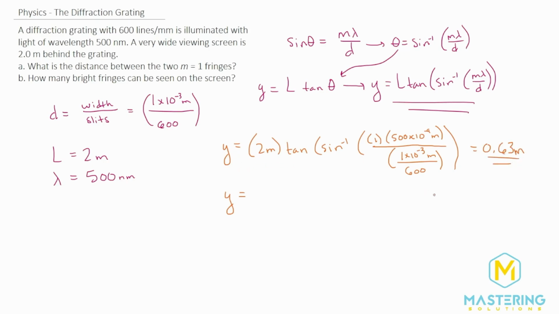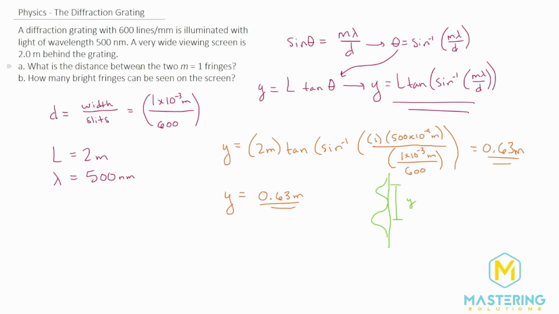There are probably a lot of students who get that far, plug it in, and get part A wrong. If we look at a diffraction grating, here's our viewing screen, and we have a central maximum. Y is the distance out to the first bright spot. That's not what they asked for, though.